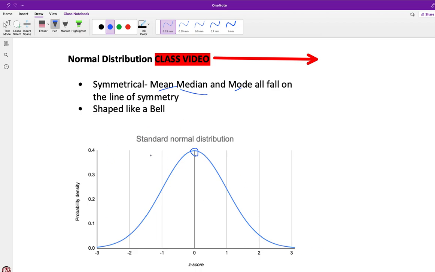So we've seen this before, but what we haven't seen are these numbers here: the 1, 2, and 3 this way, and -1, -2, -3.